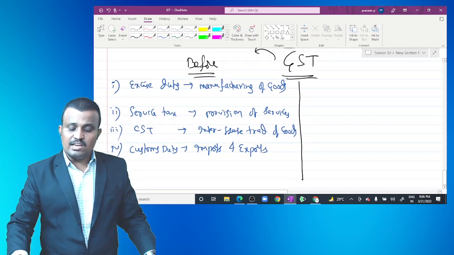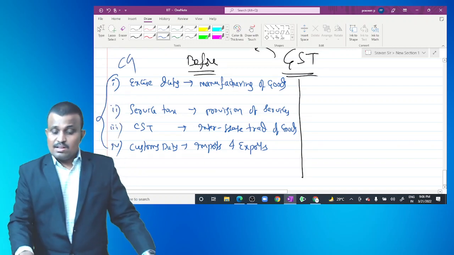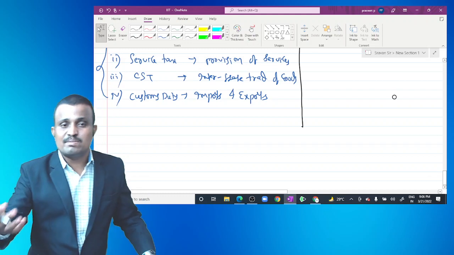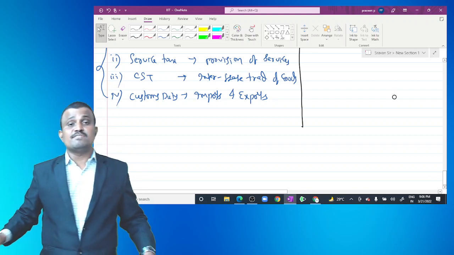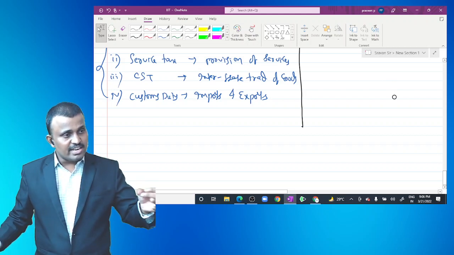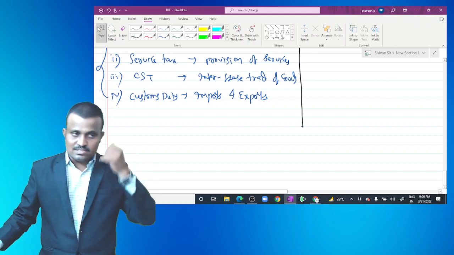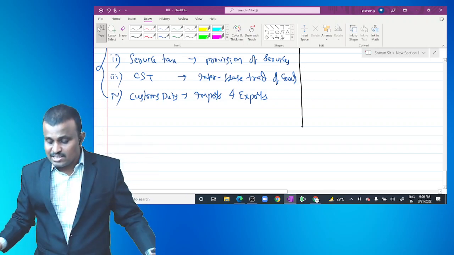So these are the four taxes which are levied by the central government. Because in India we have a three-tier federal system, the central government imposes this tax, the state government imposes this tax, even the local government also imposes tax.